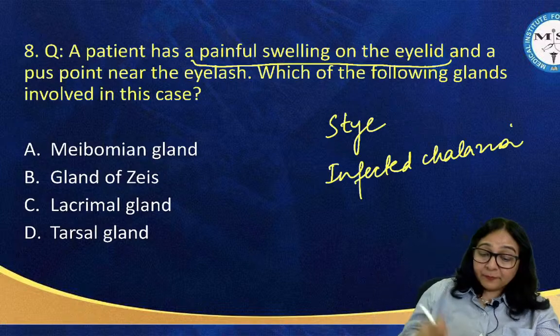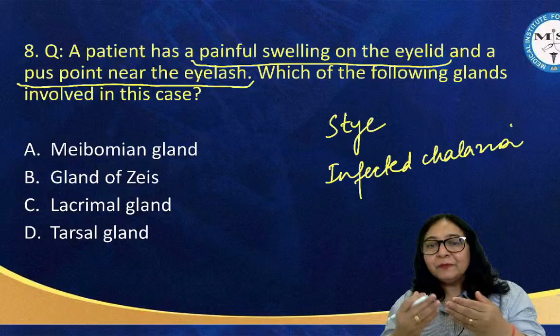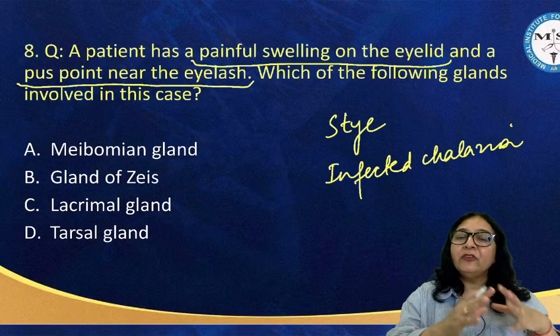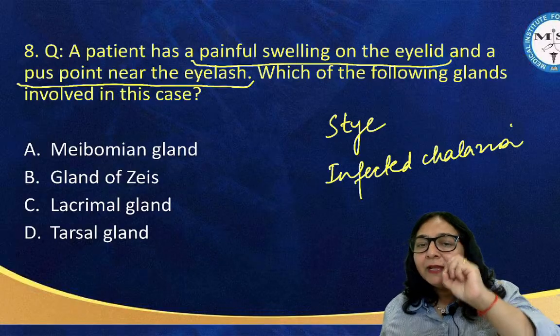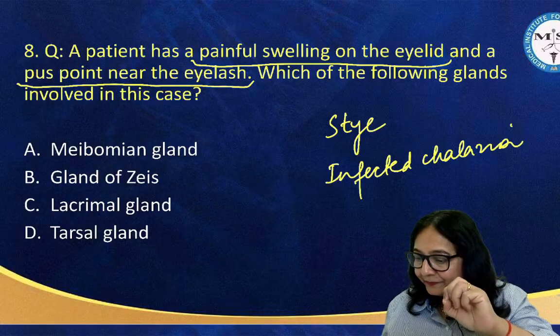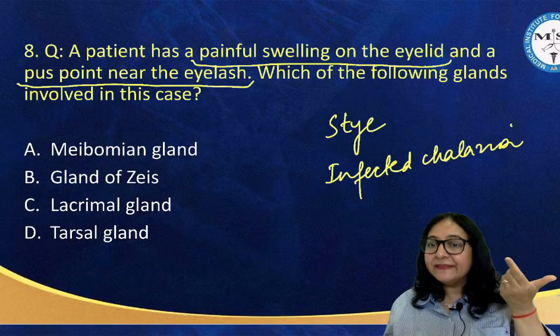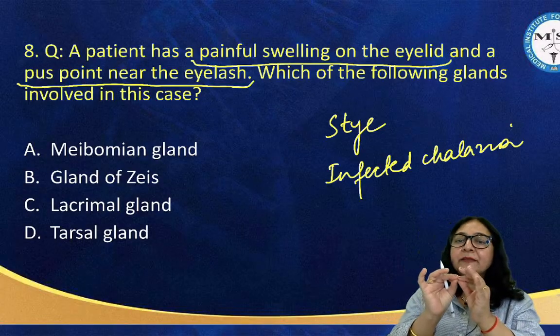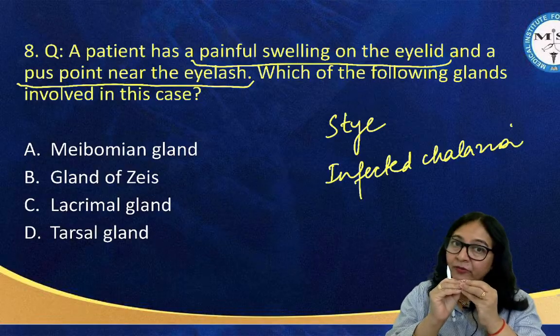Now if there is a pus point which is near the eyelash, so multiple times when I differentiate between chalazion and stye, I tell you stye is a painful swelling on the lid margin. And on the lid margin, beta, what are present? Eyelashes, cilia. So if there is a pus point in relation to the eyelash, it means we are talking about stye.